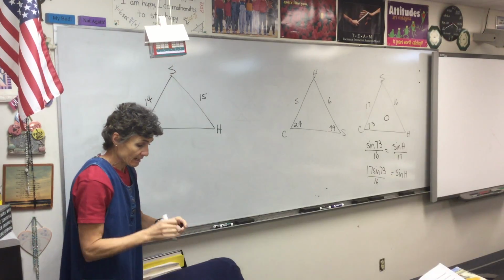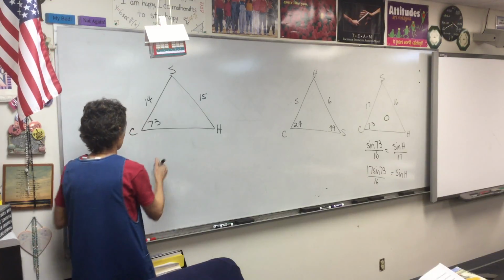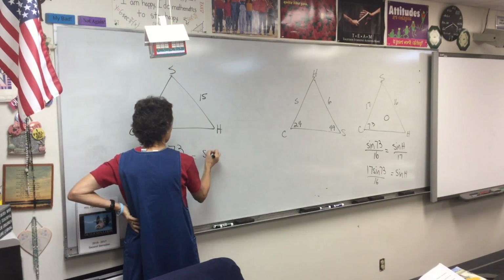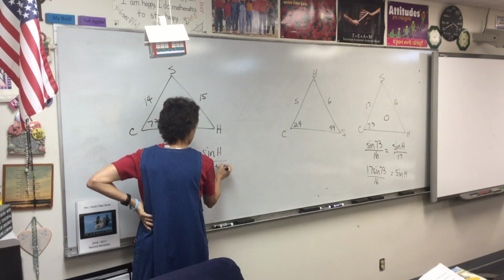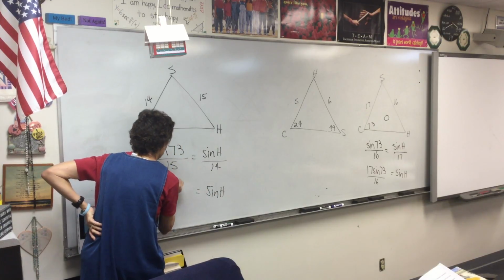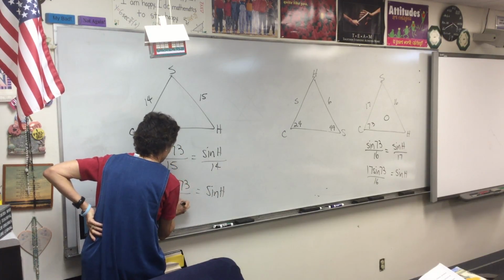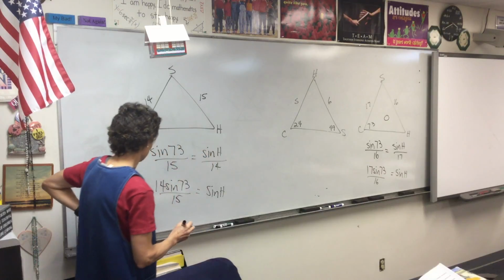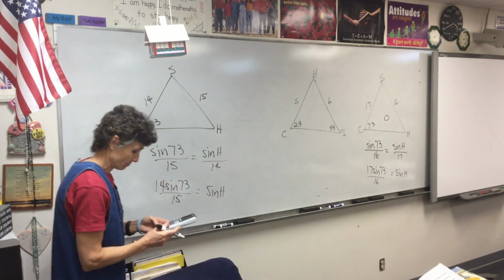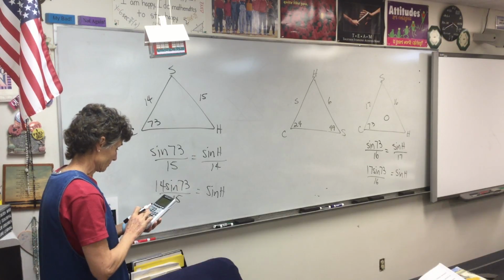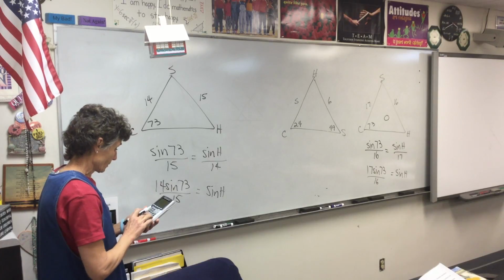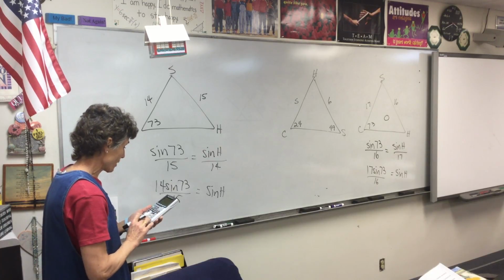My setup here is identical, so we'll set it up just like we have been. Sine 73 over 15 equals sine h over 14. Did this triangle work out okay?